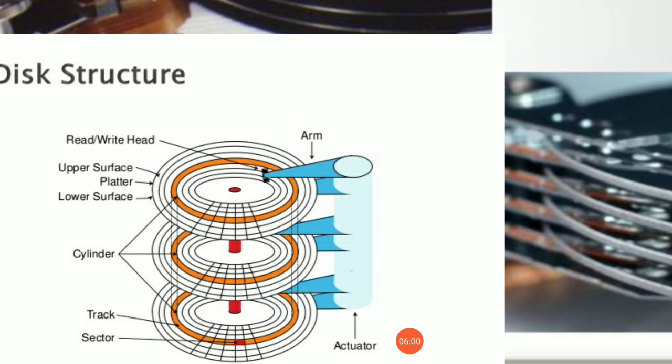Then comes the head. The head reads magnetic data from the platter. For a drive with several platters, there may be two heads per platter, allowing data to be read from the top and bottom of each. The next term is the actuator arm.